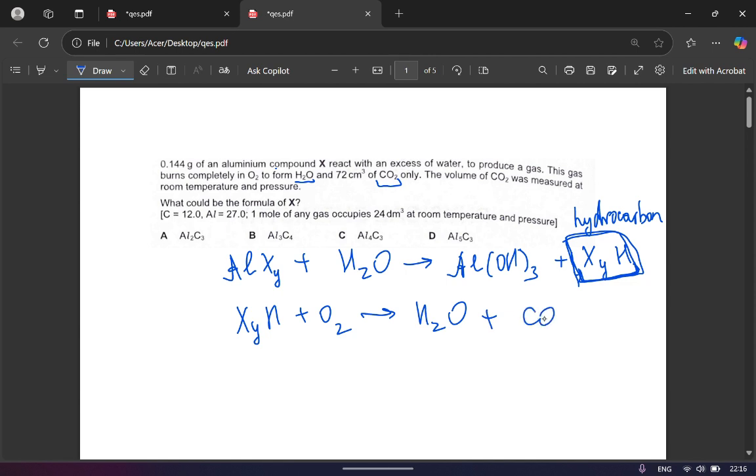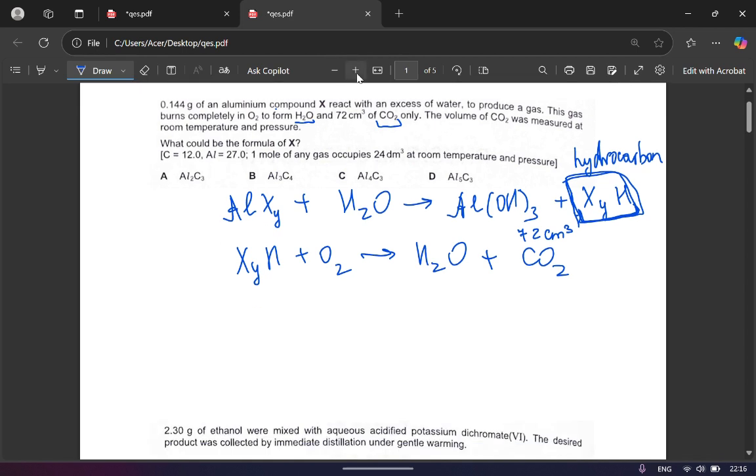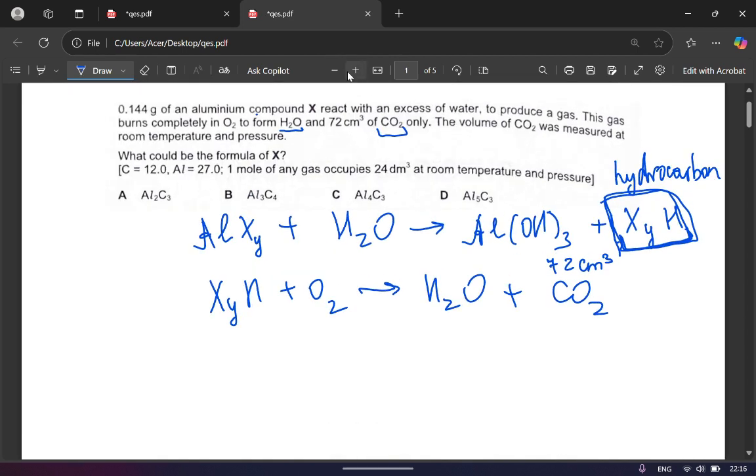And in here, we're given a volume of carbon dioxide. So what we can try to do here may be a little bit different or complicated, but just try to understand it as much as possible. First thing that we have to do is to just find the number of moles of carbon dioxide.